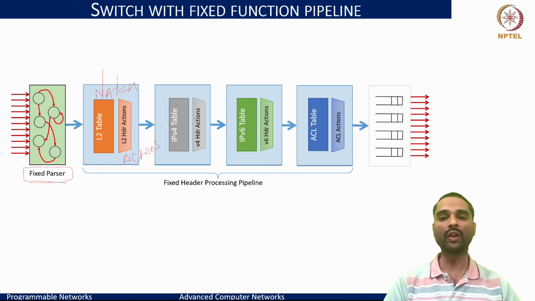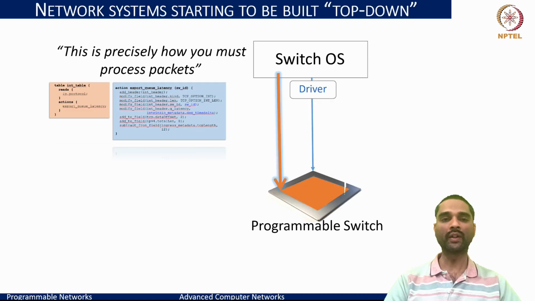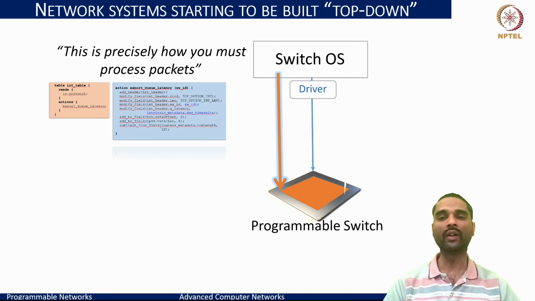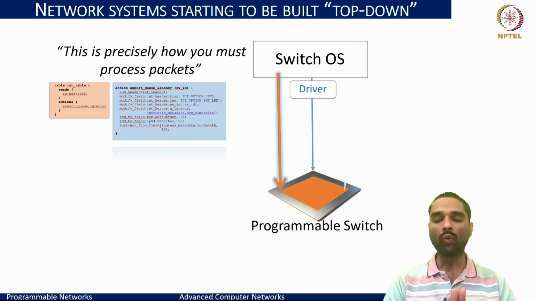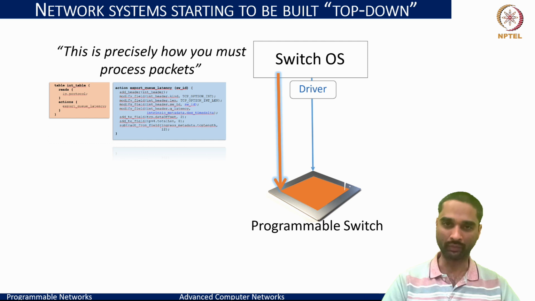And if we have to think of breaking this, what we would really need is the ability to customize these specific functionalities. And what that really means is we would want to ensure that we dictate to the switch what exactly it needs to do. In essence, what we are trying to do is now program the switch, saying what it should parse for, what actions it should take, and how it should take a particular action.